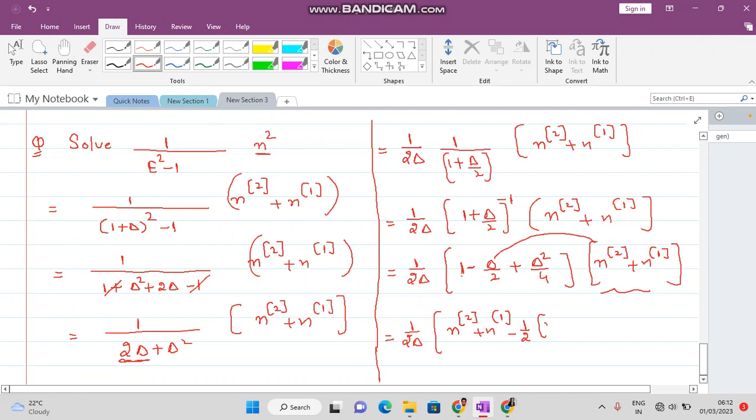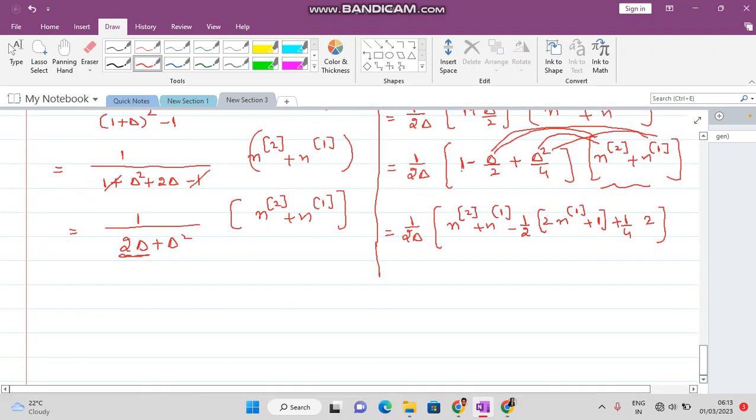So it is 2 times n raised to the power 1 factorial, plus the derivative of the next term, which is just 1. Plus 1 by 4 times the double derivative of this term, which is just 2, and the double derivative of the other term is just 0. So this is what you get here.